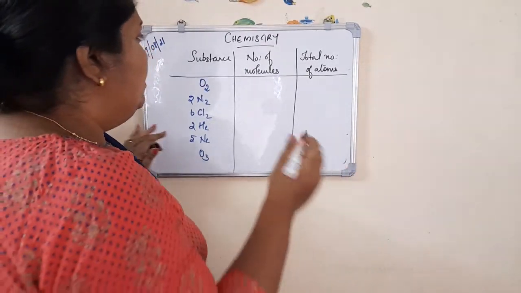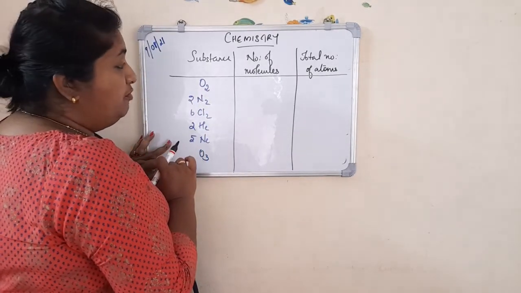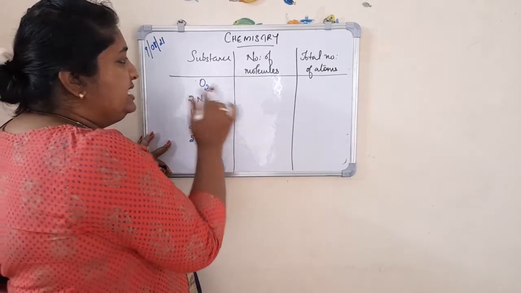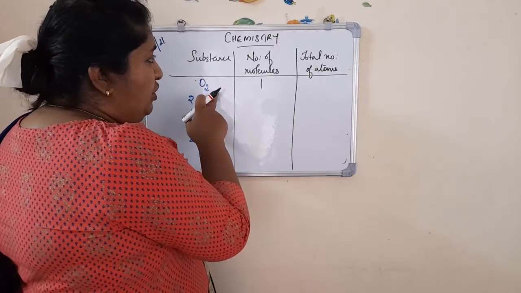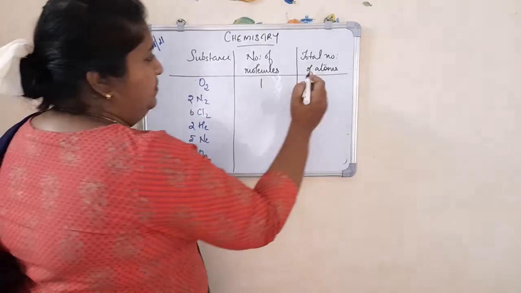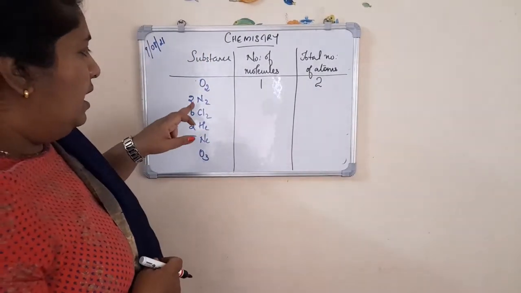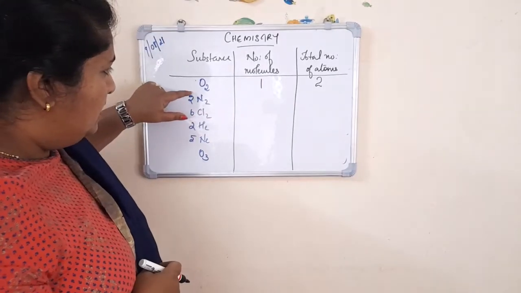Okay, we'll do it. Now see, this is O2. What is the number of molecule here? Even if it is not represented here, you can see that it is only one molecule. And in this one molecule of oxygen, how many number of atoms are there? 2. Here, 2N2. What does this 2 represent?